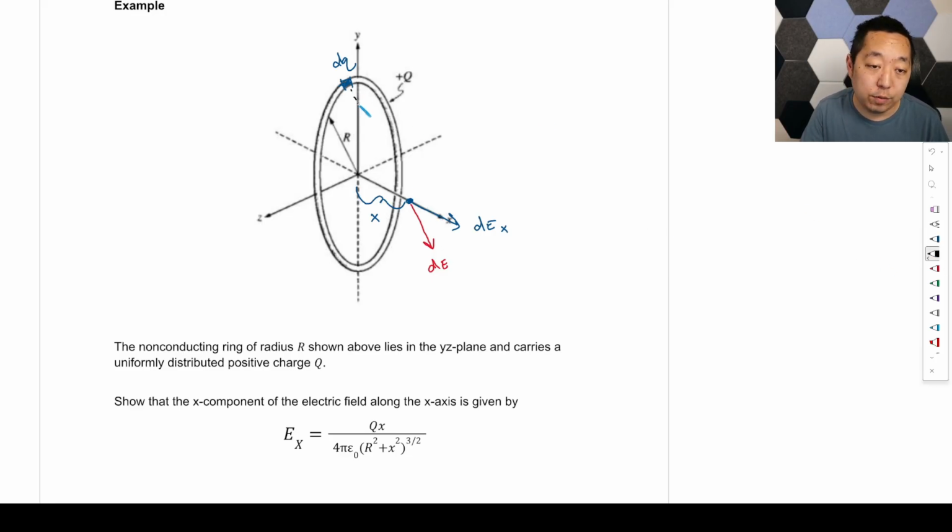So if you draw a line from here to here, and this is theta, then what we need to do is find dEx. First of all, dE is going to be k dq over r squared.